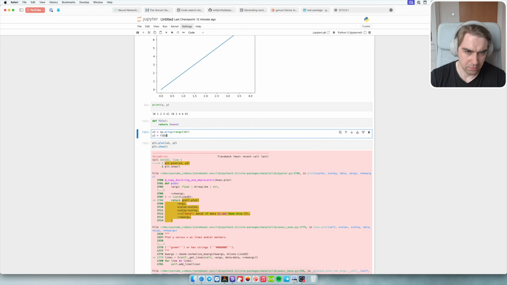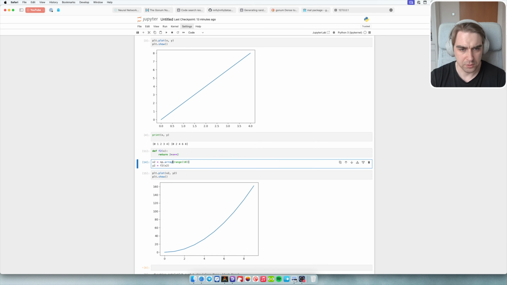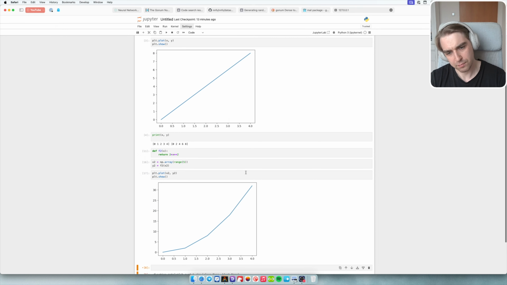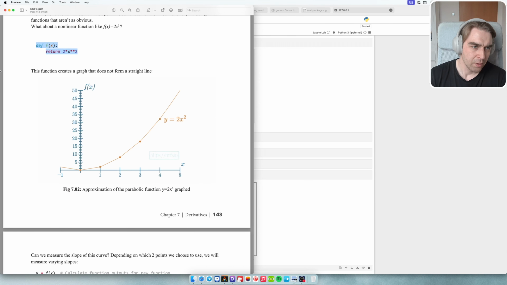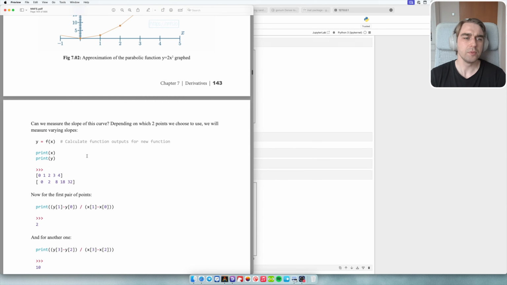Oh, yeah. Okay. This function creates a graph that does not form a straight line. Well, it's a quadratic function.